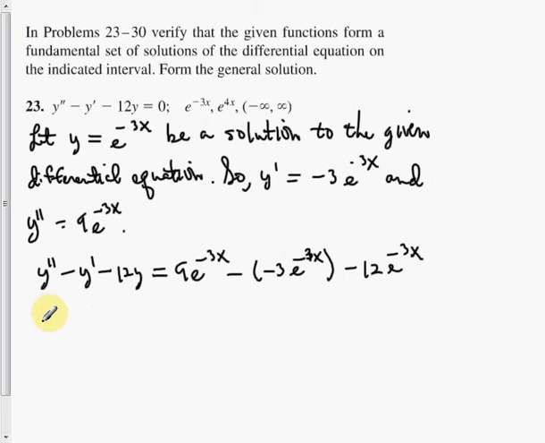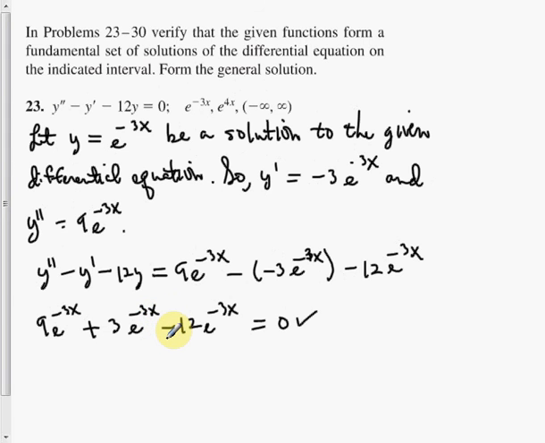Now we simplify this. This is 9 times e to the negative 3x plus 3 times e to the negative 3x minus 12 times e to the negative 3x. That gives us 0. Right? So we've just verified one solution.